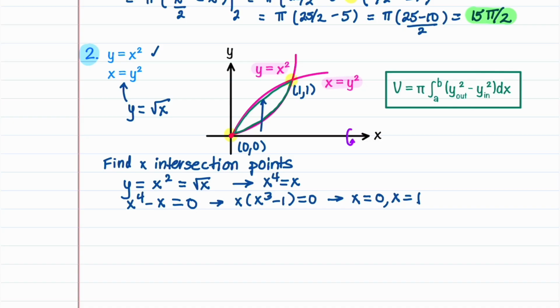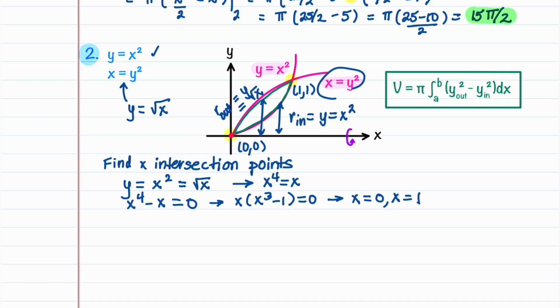This is our outer radius, and it is equal to y, and it touches our top curve right here. So y is equal to the square root of x. And then this is our inner radius, and it touches our bottom curve. So that height is equal to y, which is x squared.